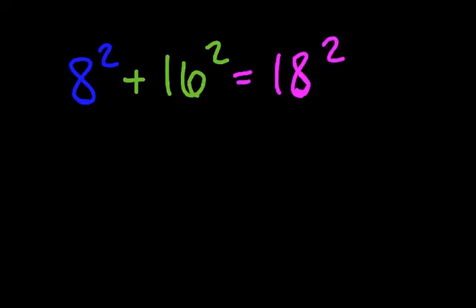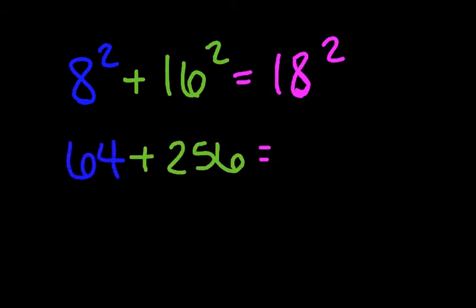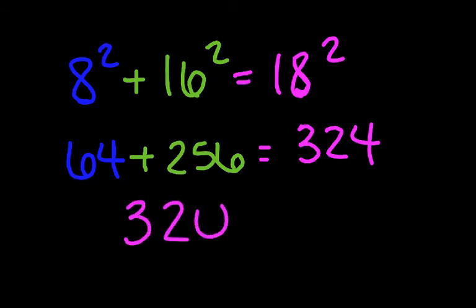The last one is 8 times 8, which is 64. Then you have 16 plus 16, which is 256, which should equal whatever 18 times 18 is, which is 324. So if you add 64 plus the 256, that should give you 320.